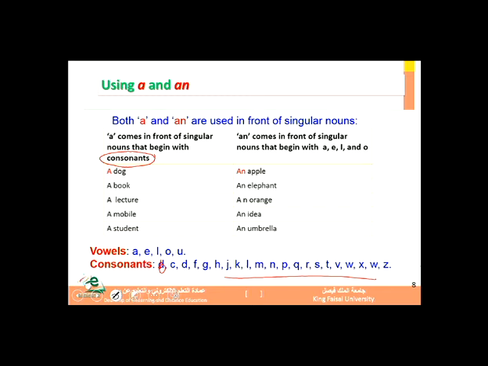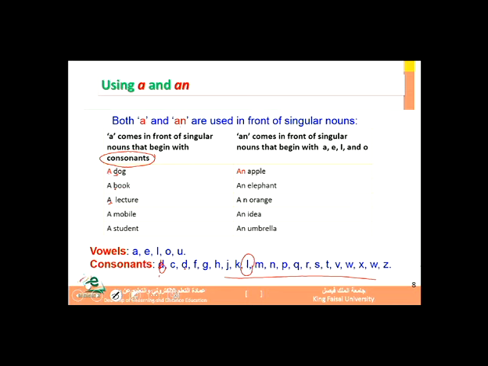Now, if we look at the word dog, it starts with a consonant, D, so we use a. We don't use an. The word book, a book. Again, this is B, so clearly we use a rather than an. What about a lecture? The L is one of the consonants, so use a.